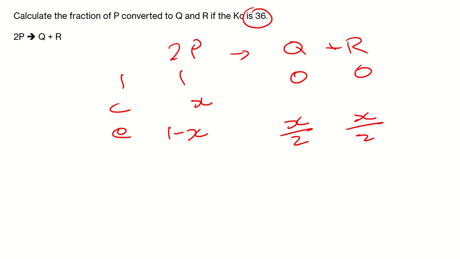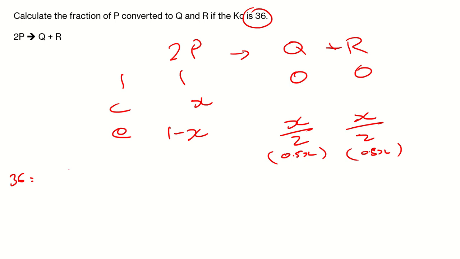You'll see there's no volume in the question, and I don't need volume because all my volume terms on the top and on the bottom would of course cancel each other out. So X over 2, or it's better to write that 0.5X. Let's go to my Kc. My Kc is 36.